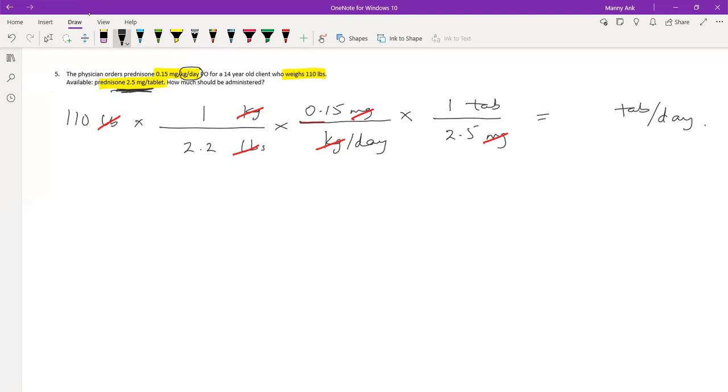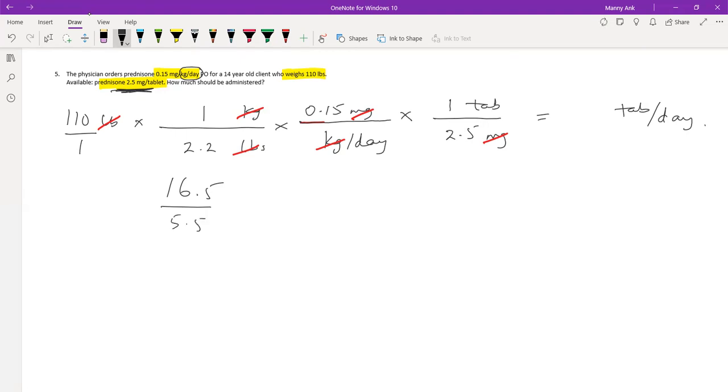Since I have everything in the right position, I can now multiply. Let's multiply the numerator. I can put this over 1 so I don't make any mistake. So you know it's in the numerator. Let's check our answer. You have 110 times 0.15, and that gives us 16.5, divided by 2.2 times 2.5, and that gives us 5.5 in the denominator.